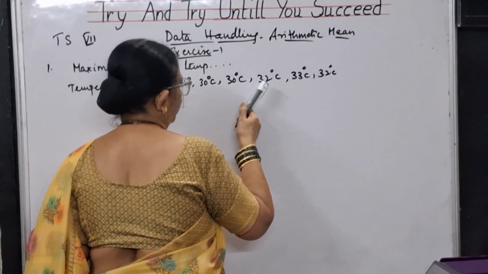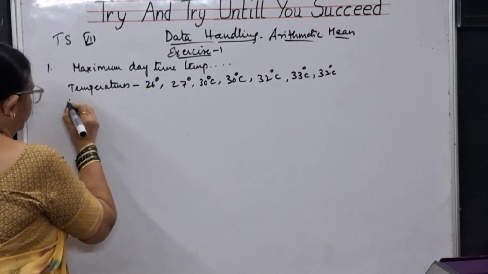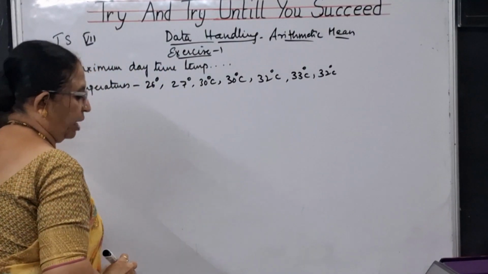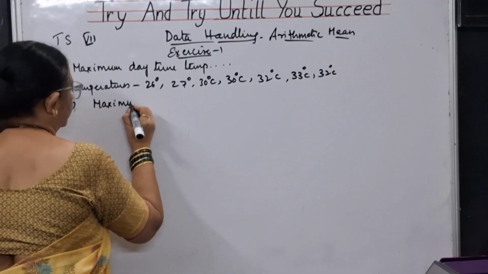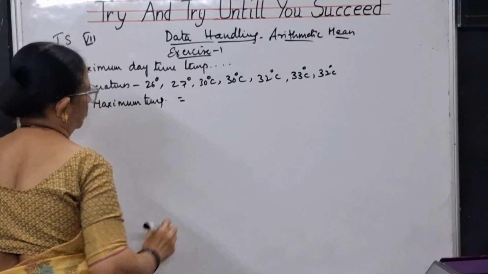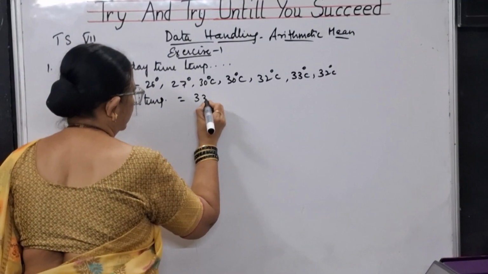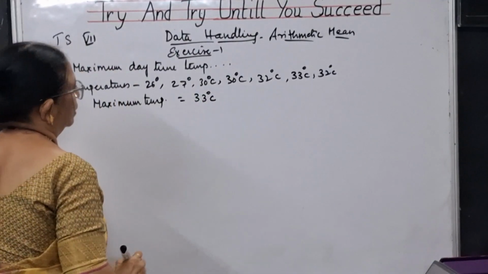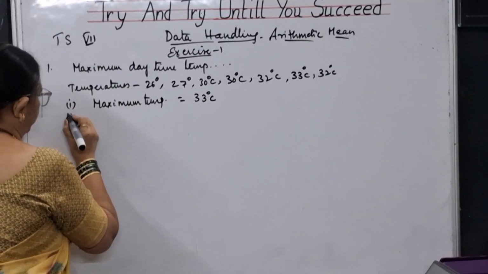So, the first question is, what is the maximum temperature of the week? Maximum is highest. Temperature is 33 degrees centigrade. Now the next one is, what is the average temperature?